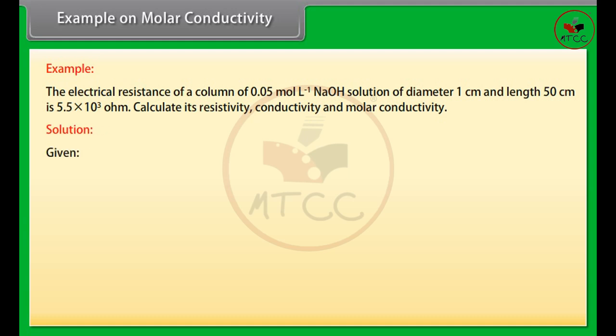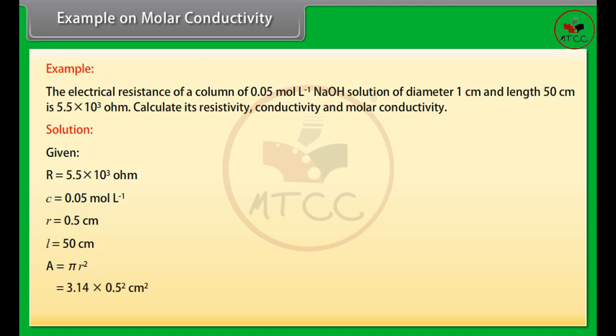Here given values are R is equal to 5.5 into 10 raised to the power 3 ohm, C is equal to 0.05 mole per liter, r is equal to 0.5 centimeter, L is equal to 50 centimeter. We know that area is equal to pi r square.